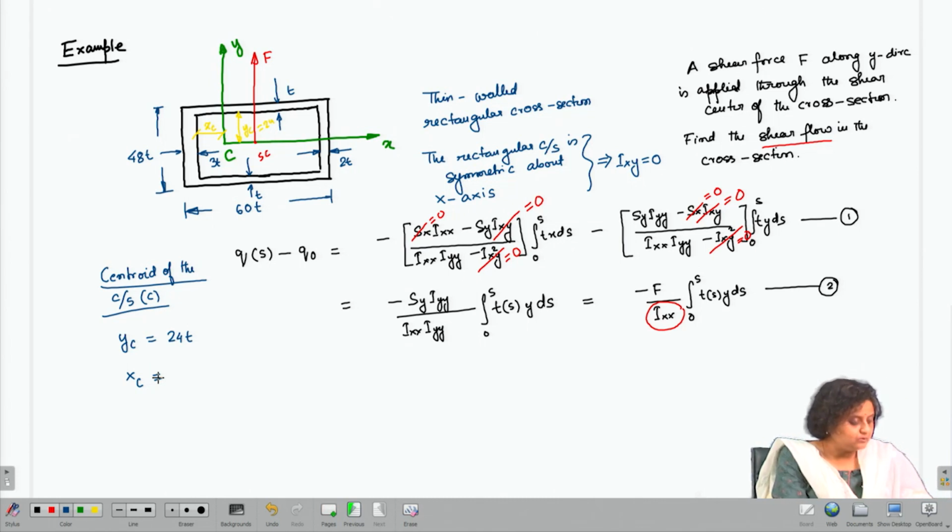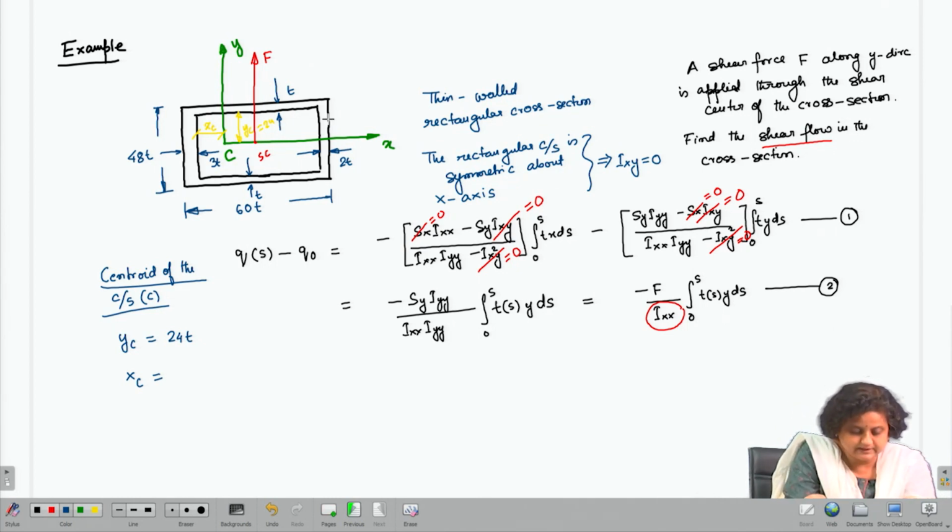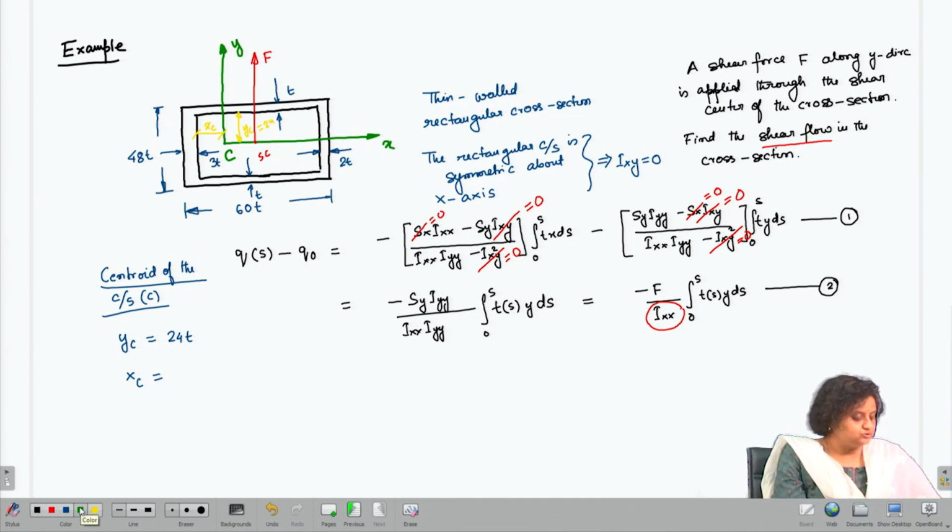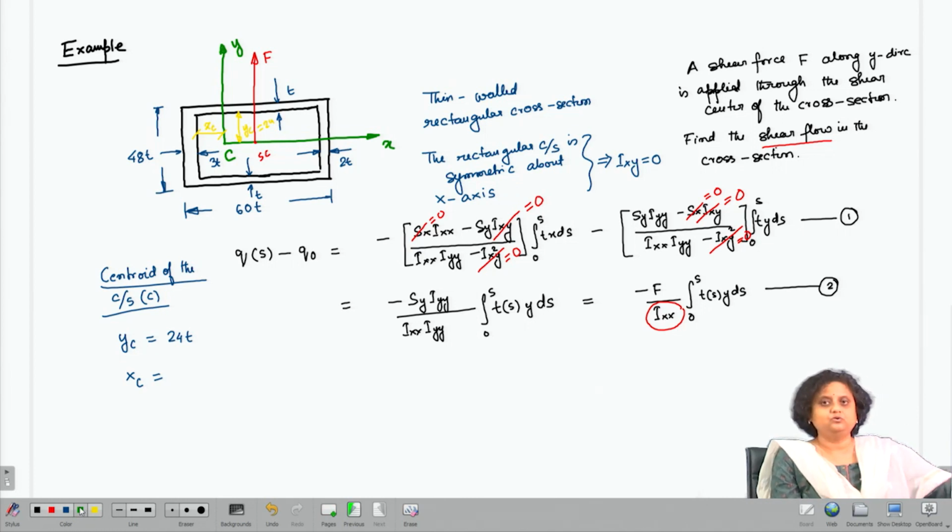So, if we calculate x c by the conventional method, let us try to find out what is x c. So, this will have no contribution to x c. So, this portion, let me name them as 1, 2, 3 and 4, so that we can refer to them as and when we need to.